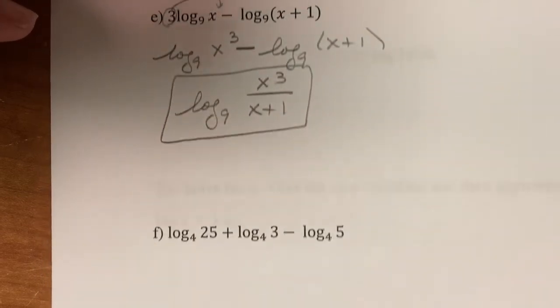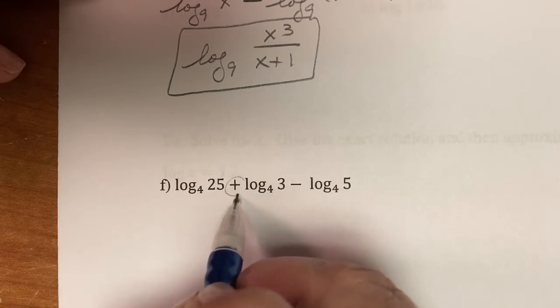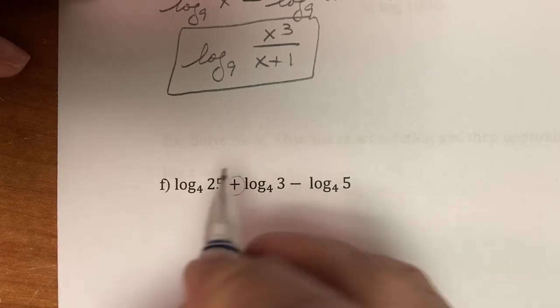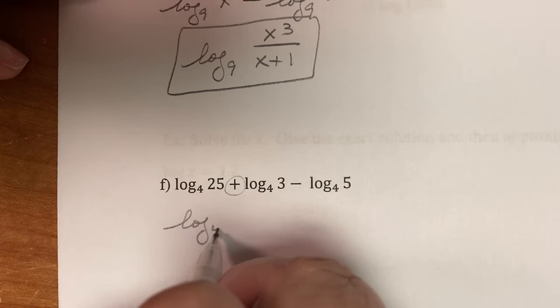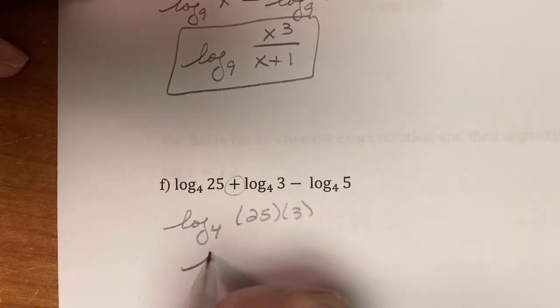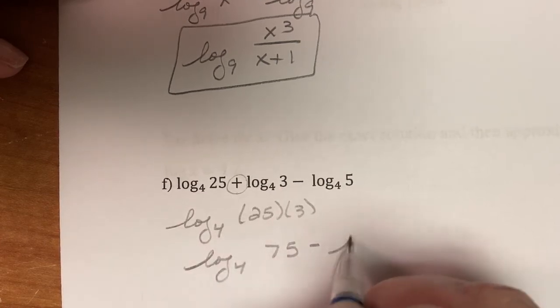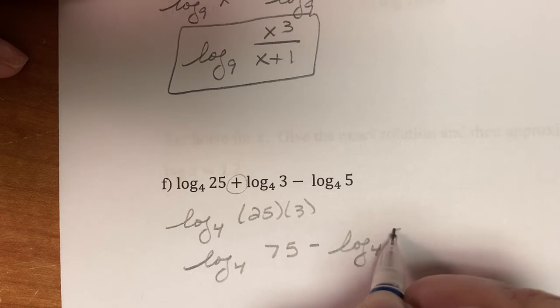Let's look at F. So if I look at F, I'm going to say, okay, these 2 were being added, which meant multiplication to begin with. So it'd be 25 times 3. So that would be the log base 4 of 75 minus the log base 4 of 5.